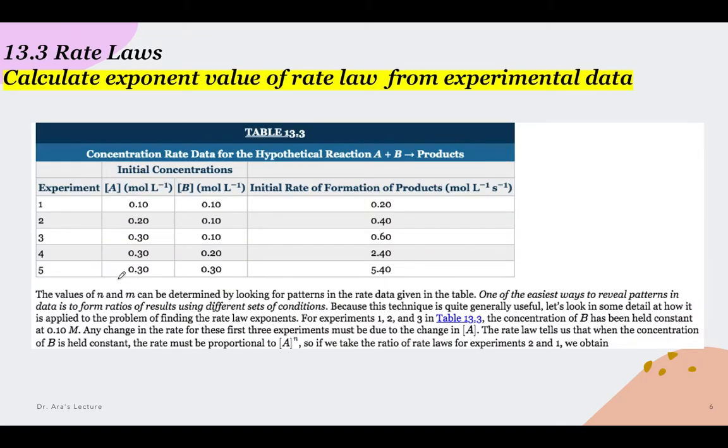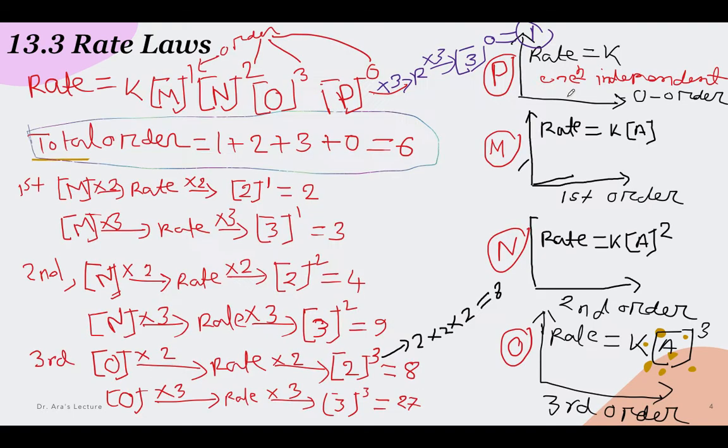Now let's see how we can calculate the exponent value of the rate law from experimental data. We already know how we can calculate the order of reaction, and even when we change the concentration, as per example.